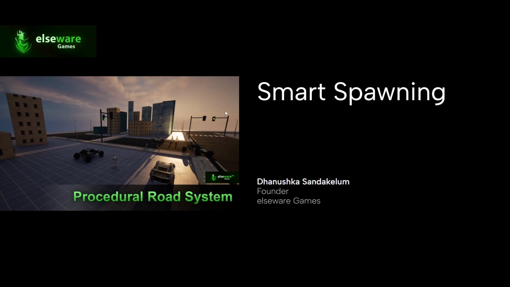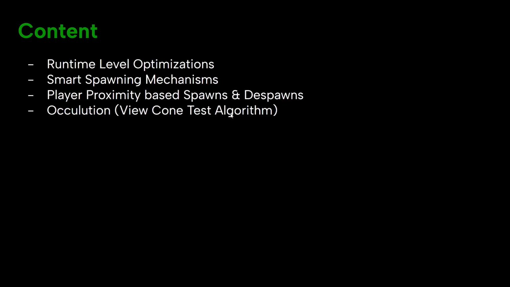Okay, so up next, let's discuss the smart spawning behavior of our procedural road system. Basically, this is used for runtime level optimizations. If you have a very large open world game, we don't usually spawn all the pedestrians, vehicles, or any sort of AI characters at once.